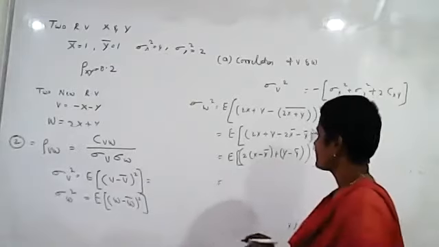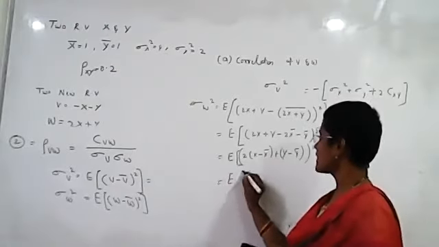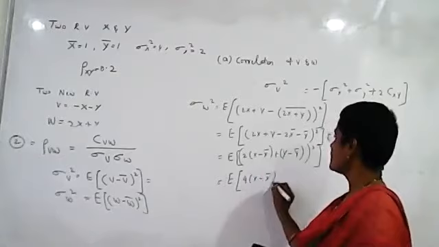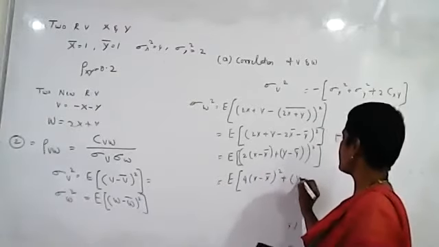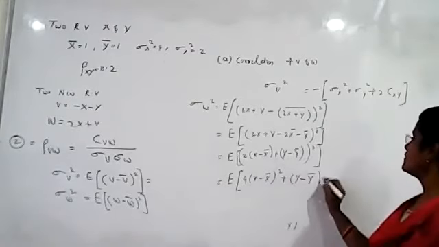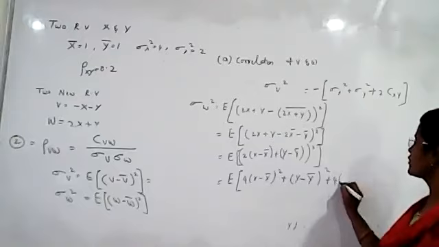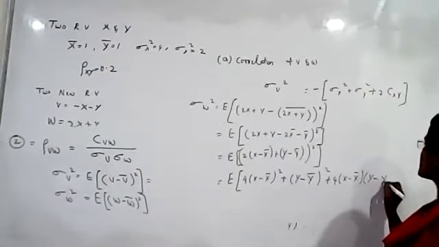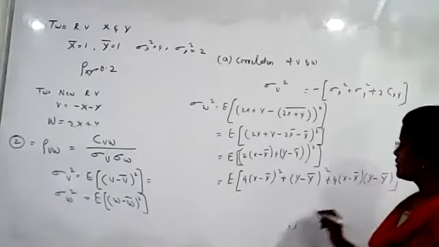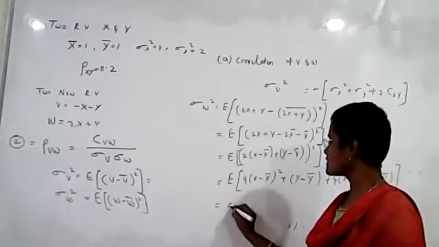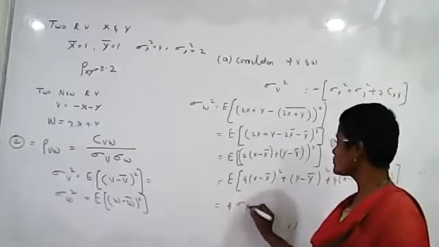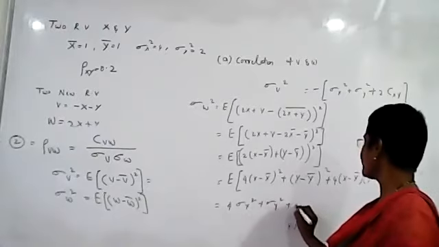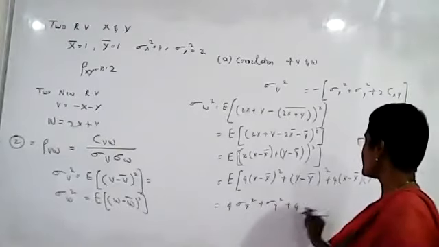So expand this. It can be written as expected value of 4 times x minus x bar square plus y minus y bar square plus 4 times x minus x bar into y minus y bar. Okay. Now what is this? It is 4 sigma x square plus sigma y square plus 4 Cxy.